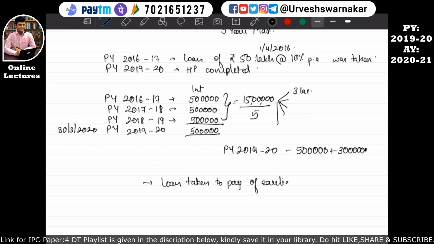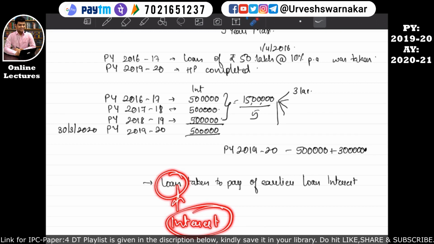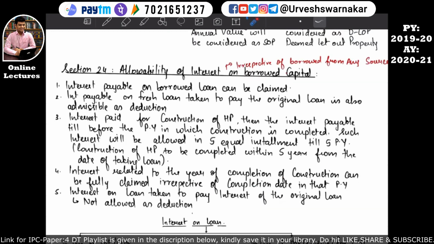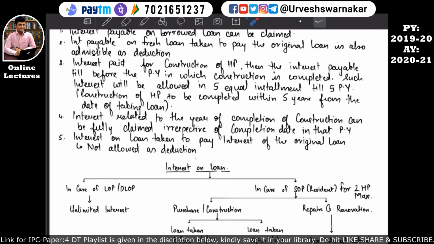So on this loan, again the assessee has to pay interest. Whatever interest on this loan which he has taken to pay off the earlier loan interest only, not the principal, only interest, will not be allowed as deduction under section 24. That is what this point 5 is saying.